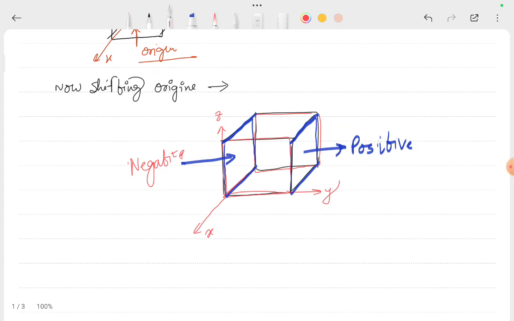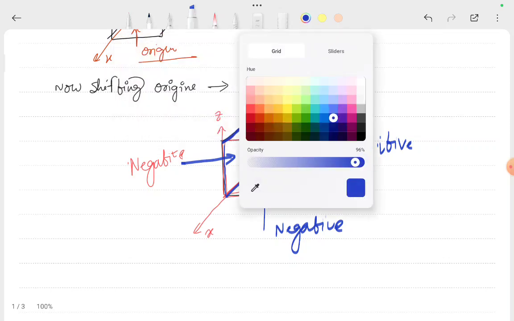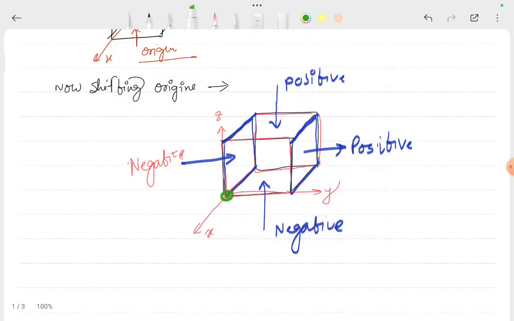In a similar manner, this side is used for positive, and this side is used for negative. But we always take the origin here.